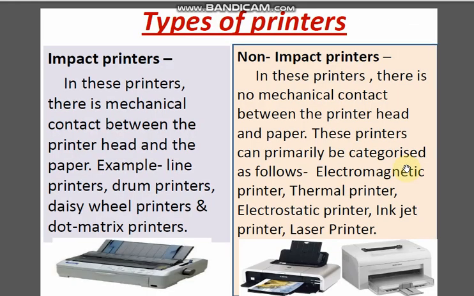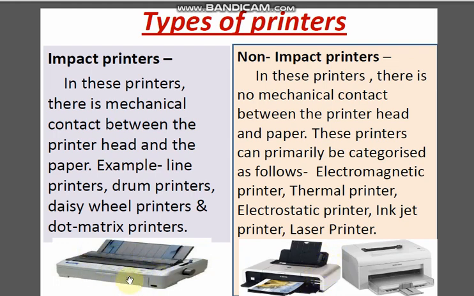Moving on. Now in types of printers, we have impact printers and non-impact printers, and let's see the difference between these two, which is very important. Impact printers are those printers where there is a mechanical contact, a physical contact between the print head and the paper which you give to the printer. If there is a contact between them, then those printers are known as impact printers, and if there is no contact between the print head and the paper, then they are known as non-impact printers.